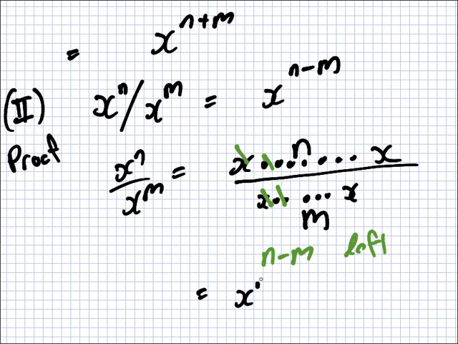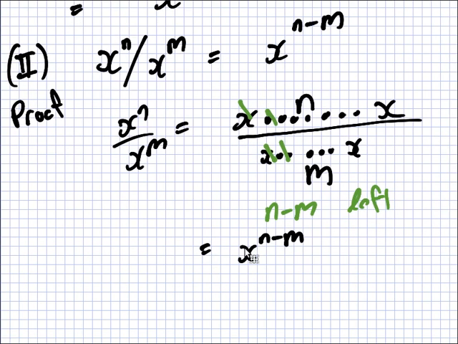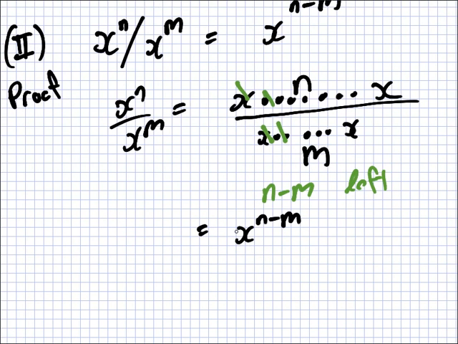So that will be x^(n minus m). Okay, so that's rule 2, if you can write that down, please. You got that? Yeah? Okay.